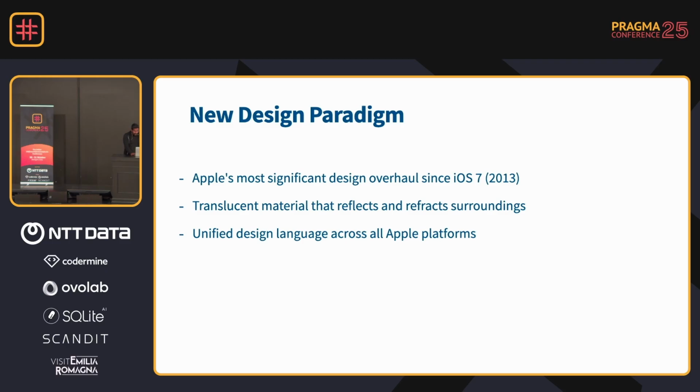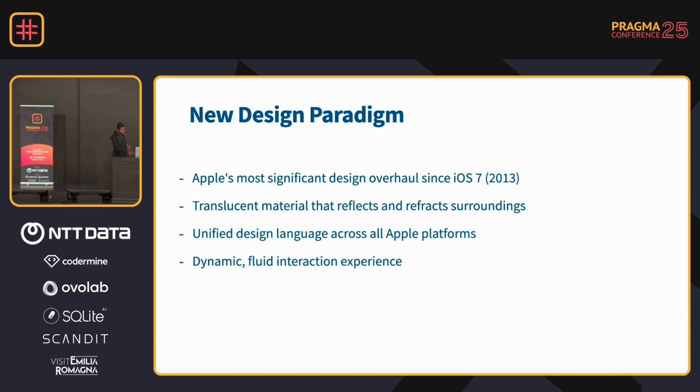It uses a unified design across the Apple platforms, not only the iPhone and iOS, but also the other platforms. It gives a more dynamic and fluid experience once you implement it in your applications.